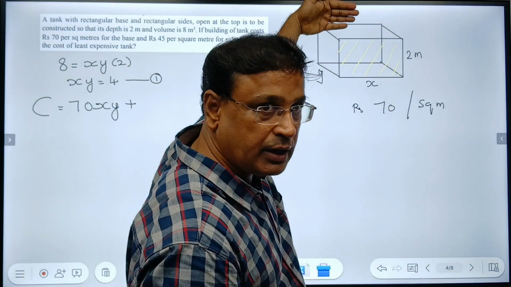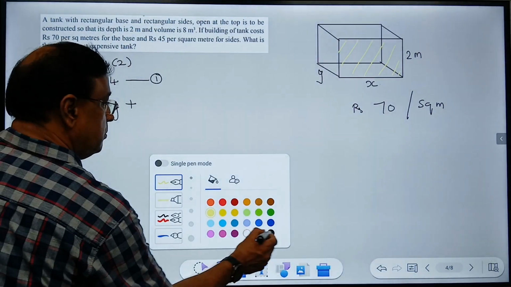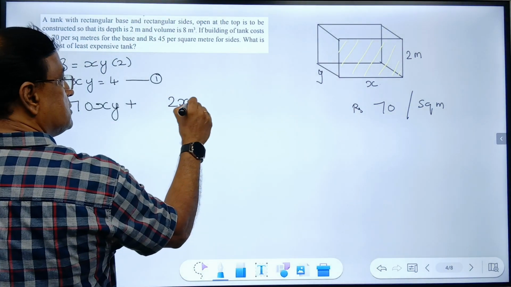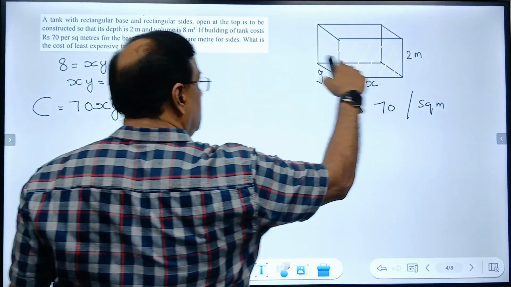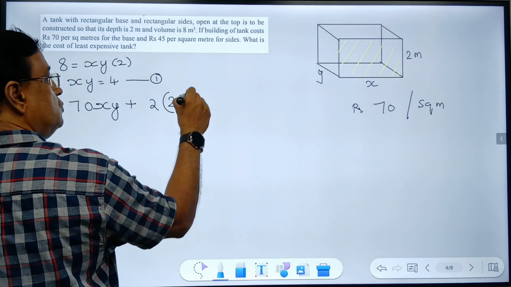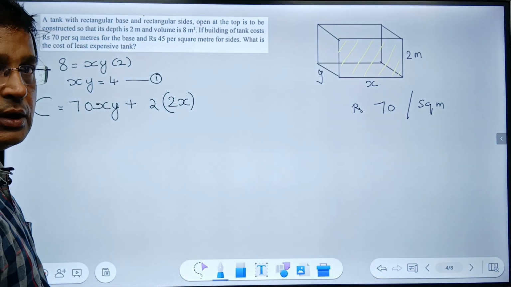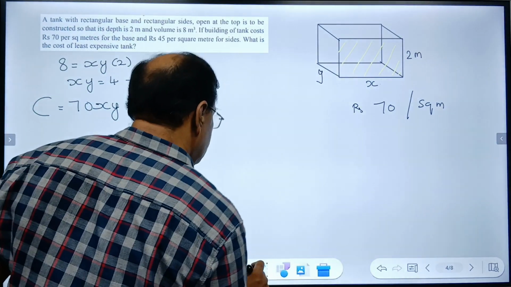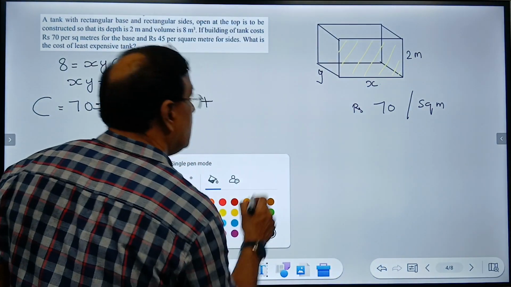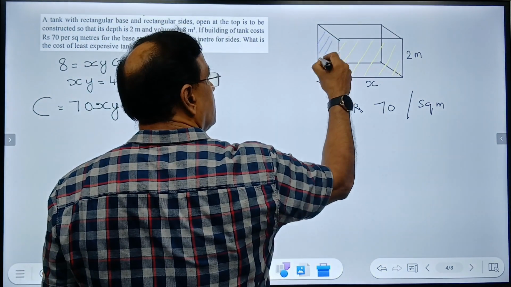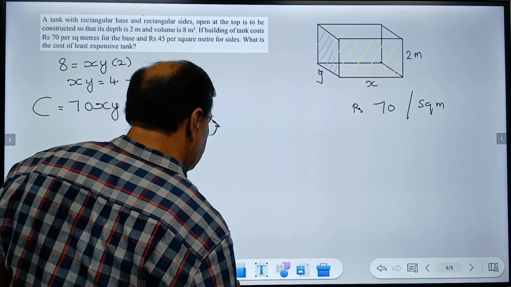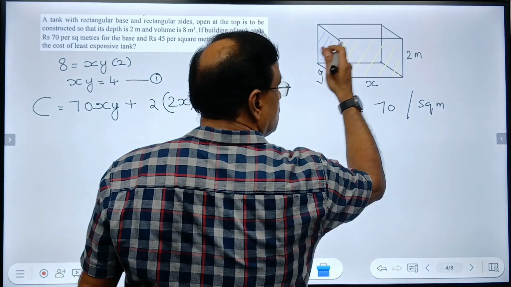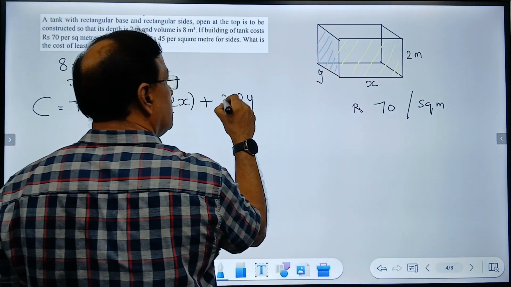So that will be area of one wall, but there are two such walls, so 2 into 2x, correct? Plus, what is the area of this wall? The area of this wall will be 2y, but you see there are two such walls opposite to each other, correct?